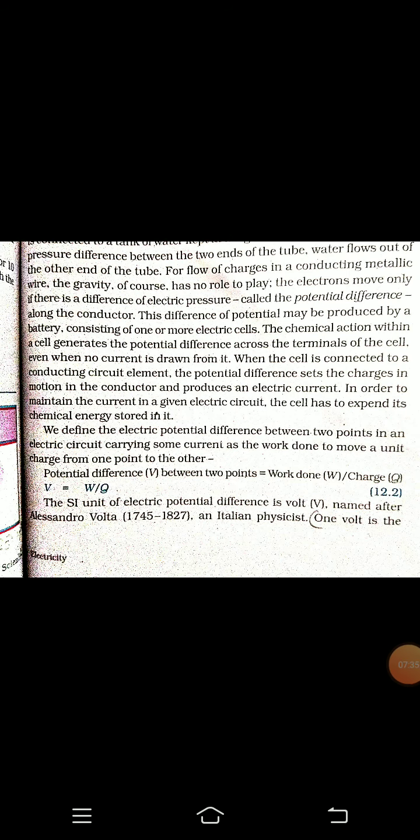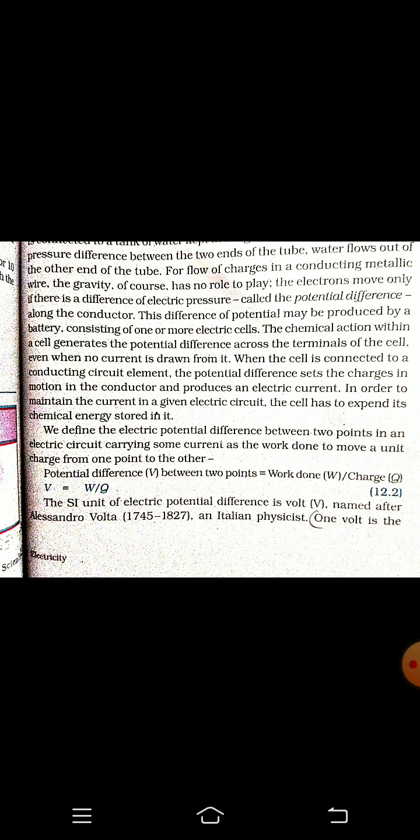Now, let us learn the definition of electric potential difference. The electric potential difference between two points in an electric circuit carrying some current is the work done to move a unit charge from one point to another point.